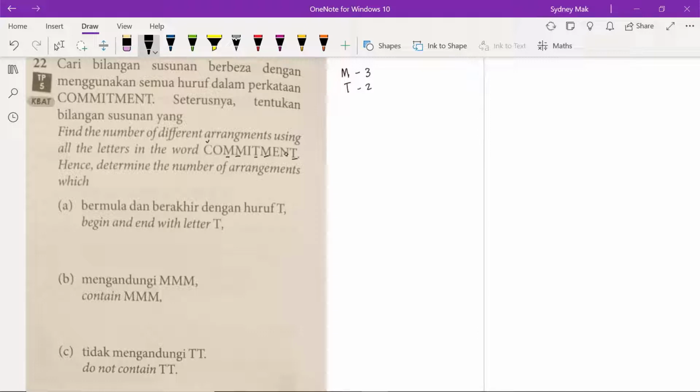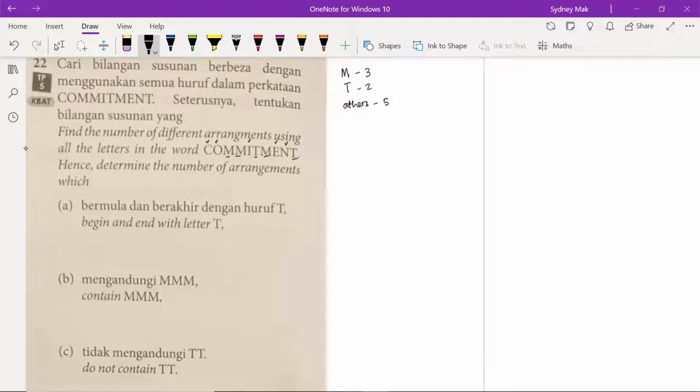So we have C, O, I, E, N. So we have 5 other letters. All in all, we have 10 letters here. Let's count 1, 2, 3, 4, 5, 6, 7, 8, 9, 10.